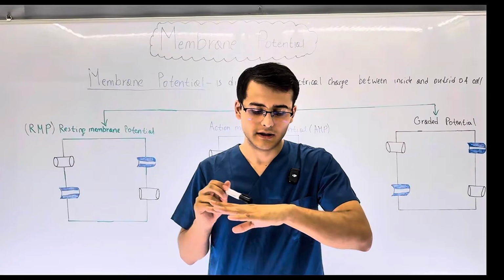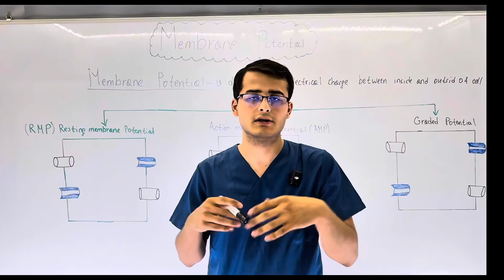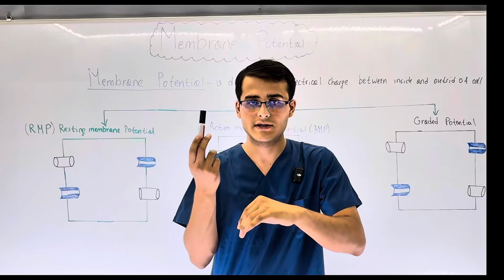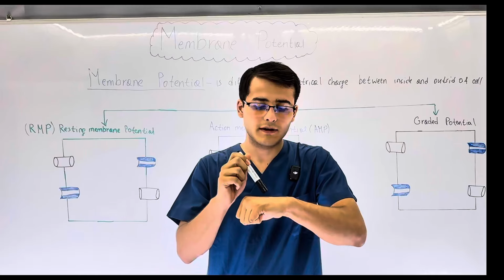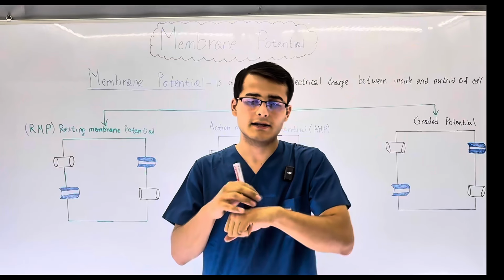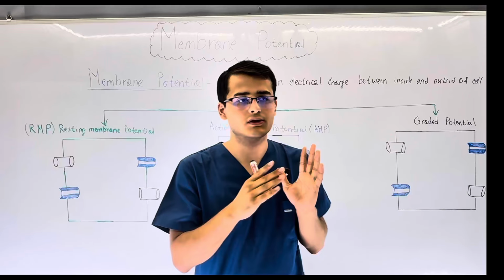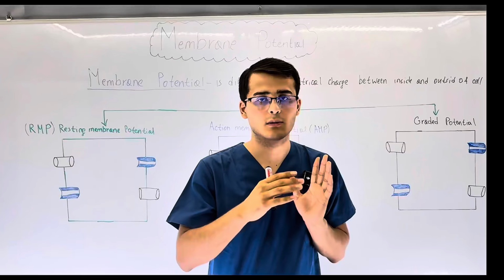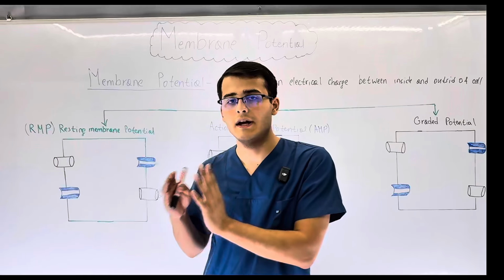On the surface of my hand I have a cell which is now in a state of resting, and when I affect it with this stimulus, the needle, I will change it to the state of action.